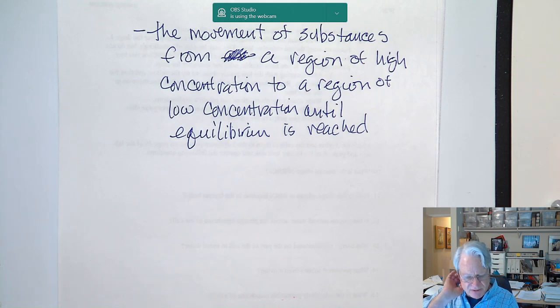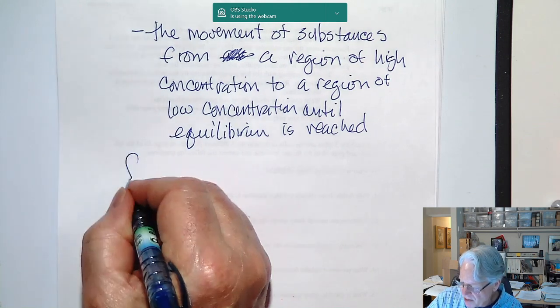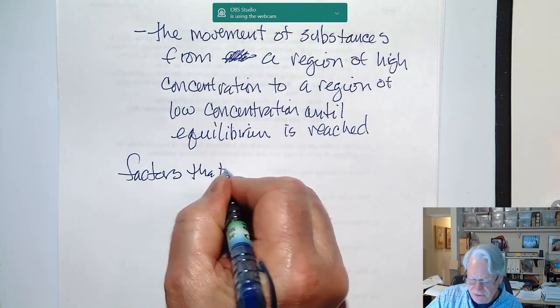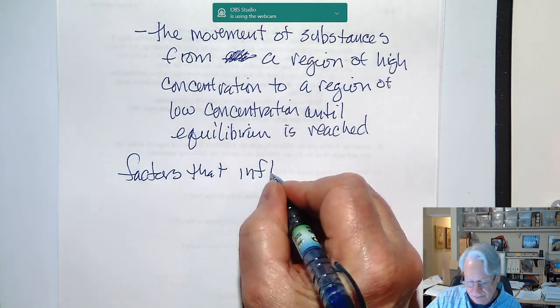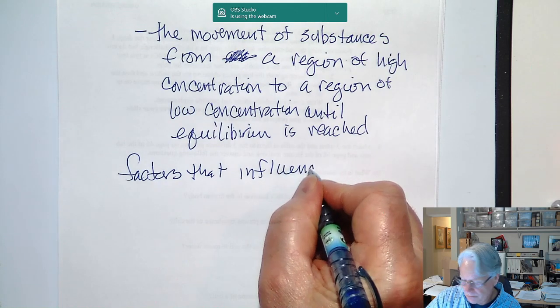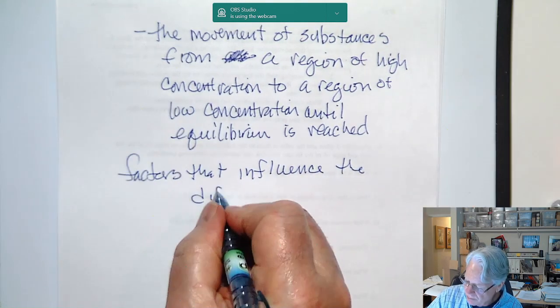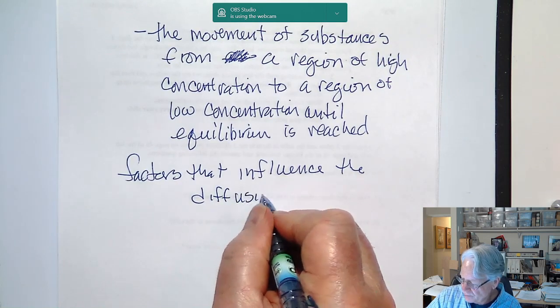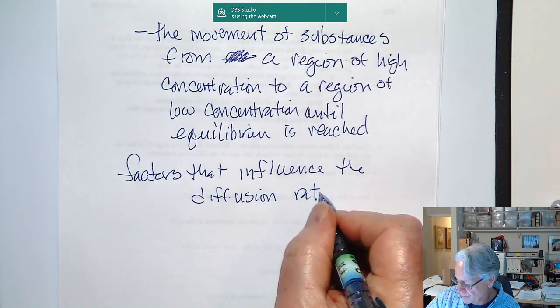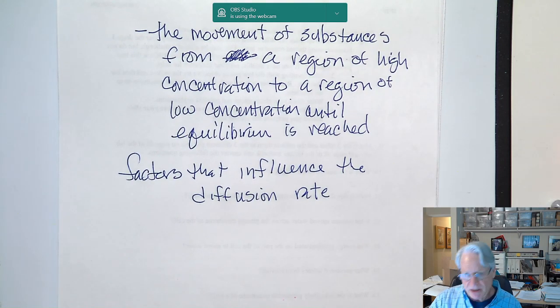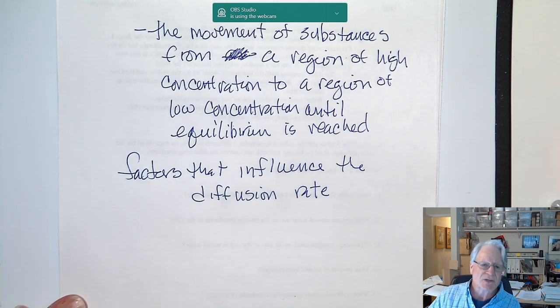Now let's talk about some of the factors that are going to influence diffusion rate. So factors that influence the diffusion rate. Okay. So we know that diffusion is going to take place. It's going to move from high concentration to low concentration.